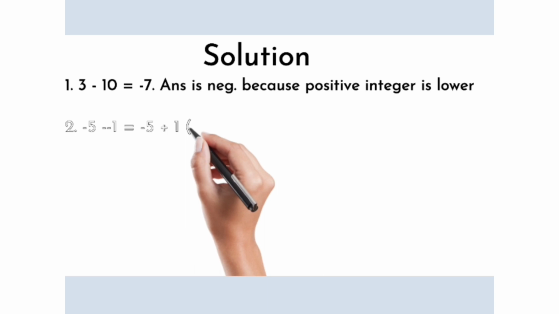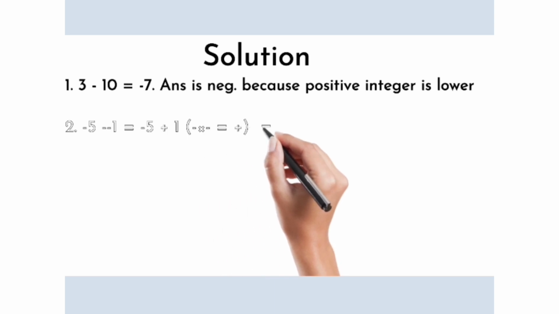We have minus 5 minus 1. This simply means minus 1 times 5, then minus 1 times 1.